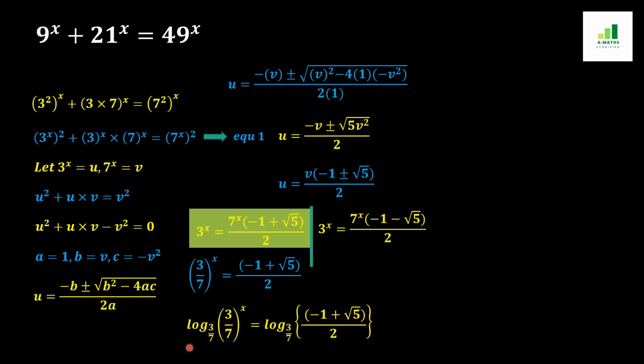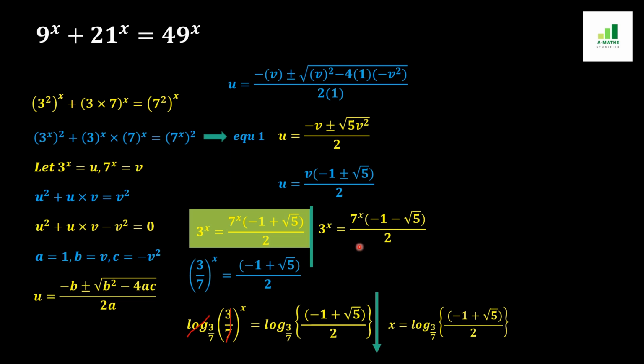Now this log and this log base will cancel out, and here we get the value for x, which is x equal to log base 3 over 7 of minus 1 plus under root 5 over 2. Now you can find this value easily by inserting it in the calculator, and you will easily get the value of x for this expression. It is a very easy way you can find by yourself.